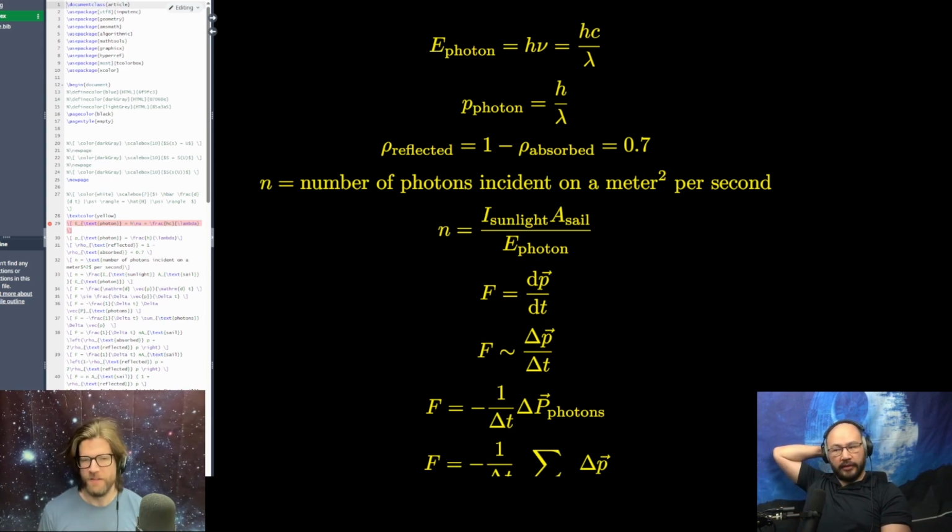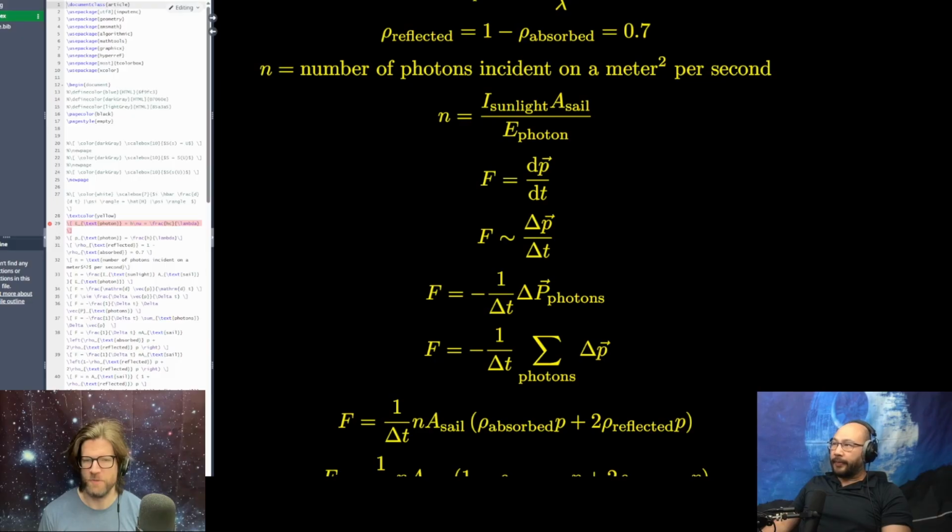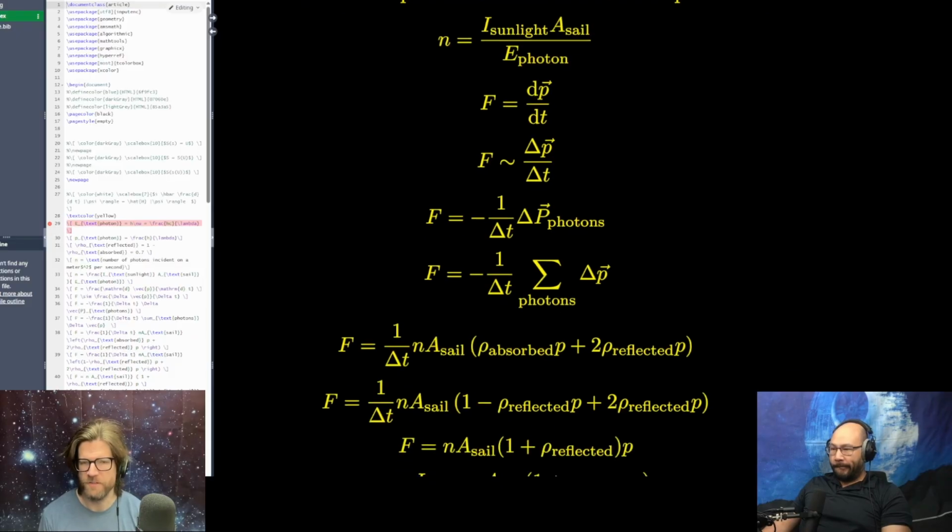Next, because we want to get the force, we use Newton's second law: force equals the change in momentum over time. Instead of doing the derivative, we'll approximate it over a few seconds. I did some rearranging, so the force will be the opposite-direction change in momentum of the photons divided by time.